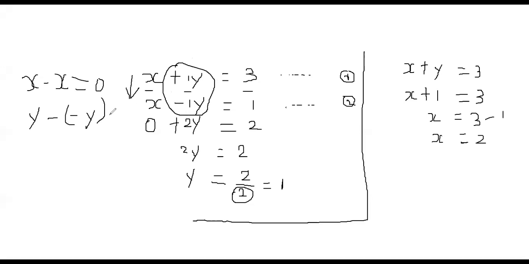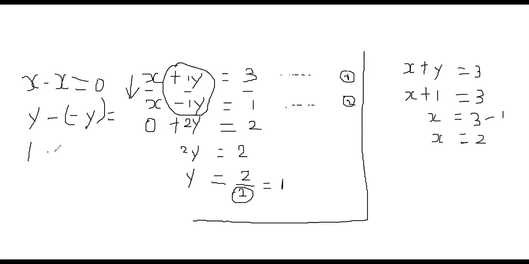So I ask you always, y minus a negative y. Nobody answered me. So now I put it in terms of numbers. I say what's the number in front of the y at the top? We say 1.